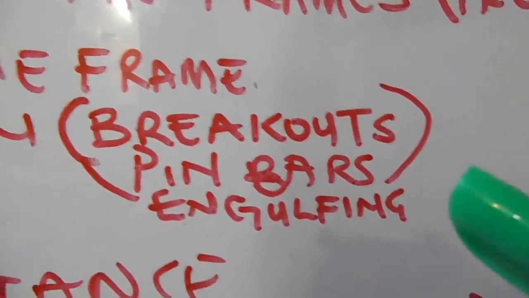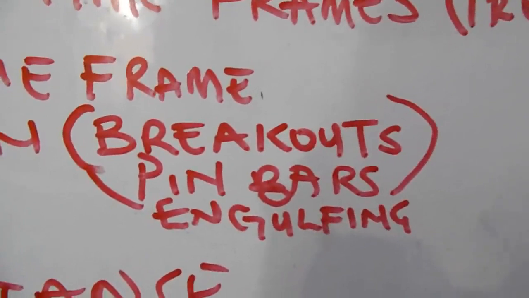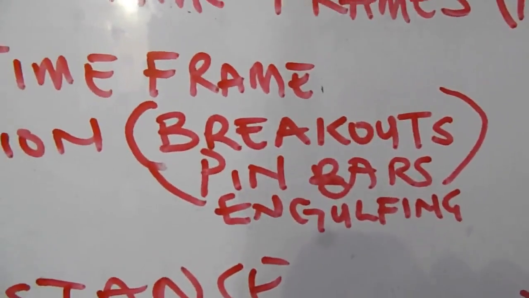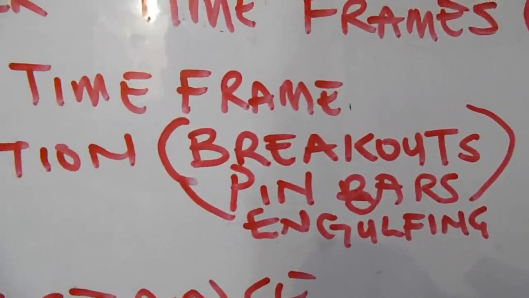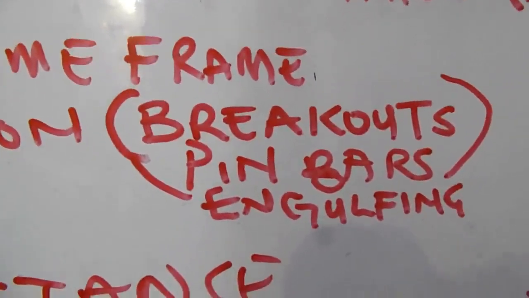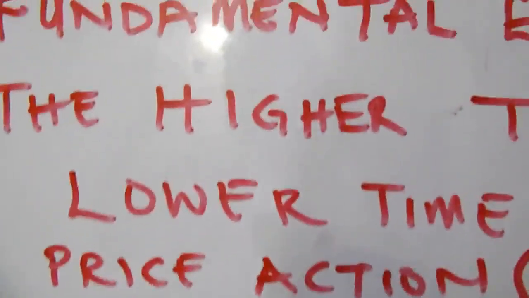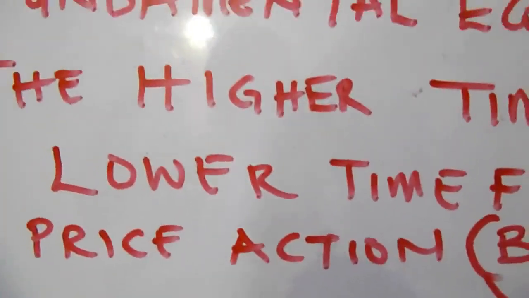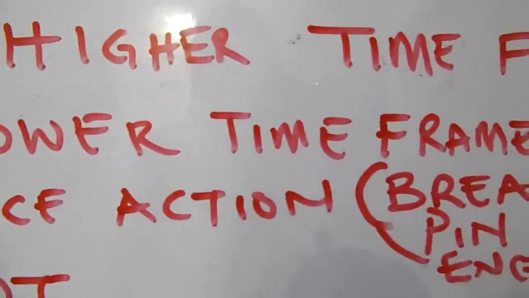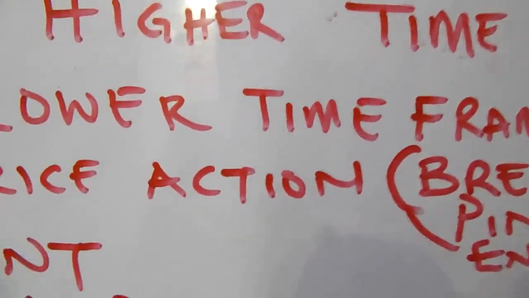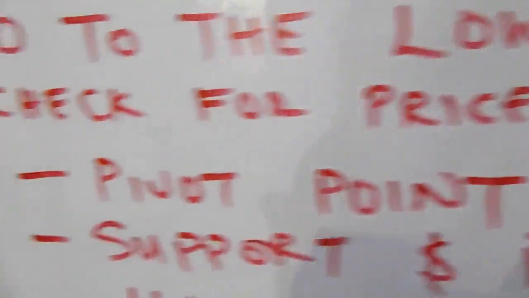You have to look out at those things before you say you want to trade maybe Euro USD or GBP USD. So after going to the higher time frame and also checking the lower time frame, you have an idea of where price might likely go to.